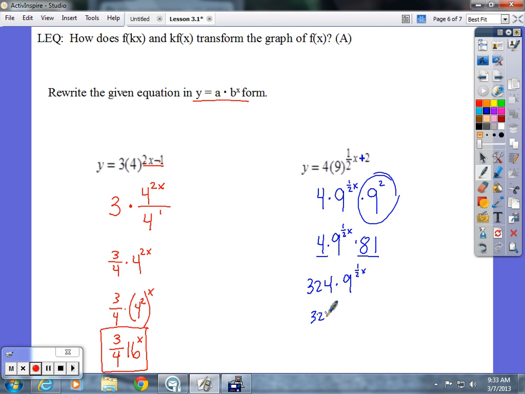So 324 times 9 to the 1/2 to the x power. The reason that helps is because I should know what 9 to the 1/2 power is. A 1/2 power is the same as a square root, so I end up with 324 times 3 to the x. Okay? And I believe that is all.